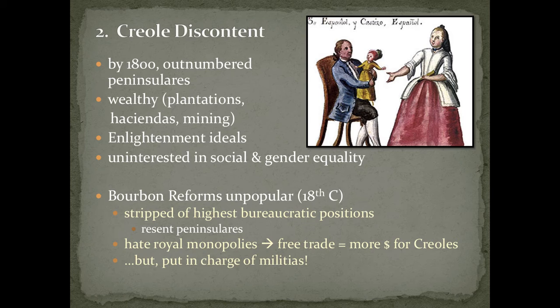So we see this stronger anti-mercantilist attitude amongst these Creoles, kind of as a consolation prize for being stripped of all of these powers and being more controlled economically by the Spanish government.